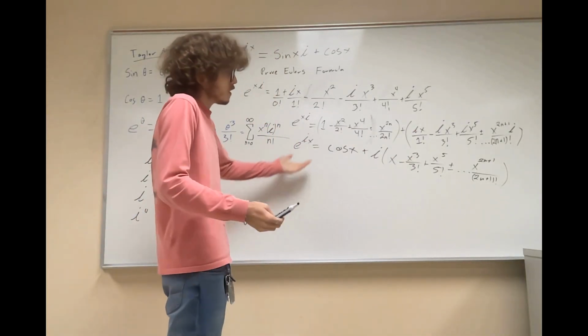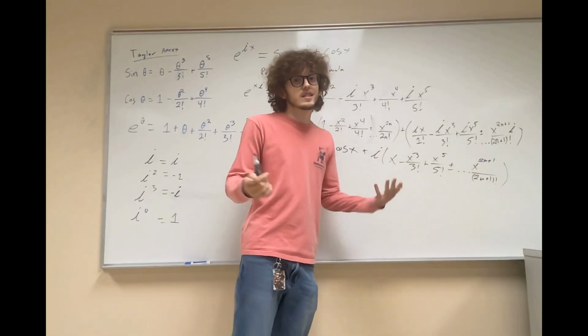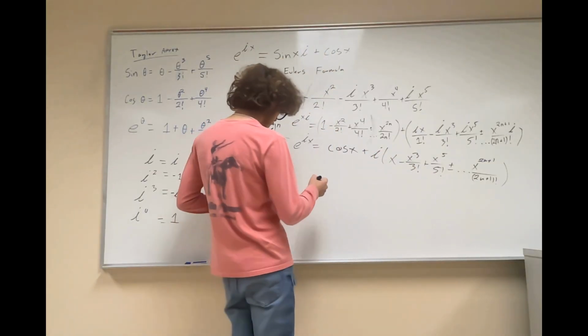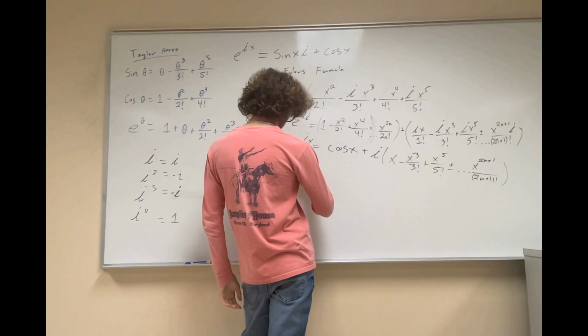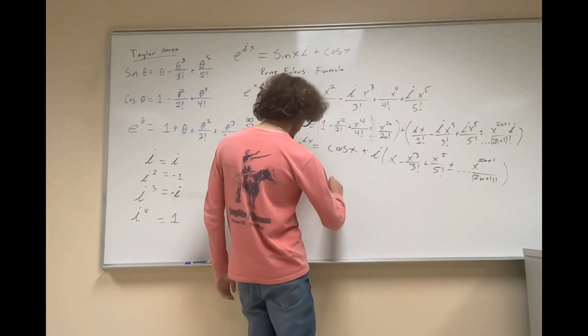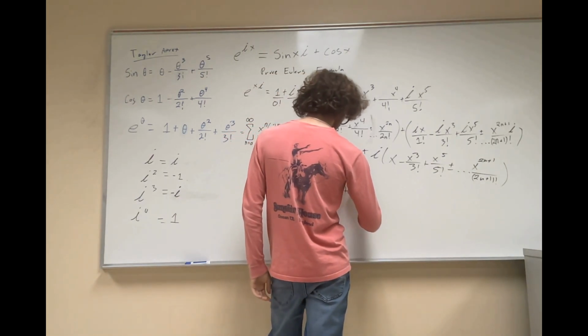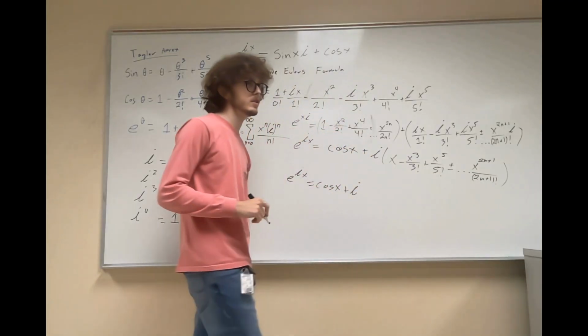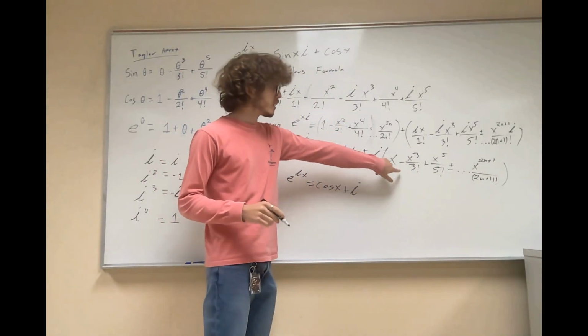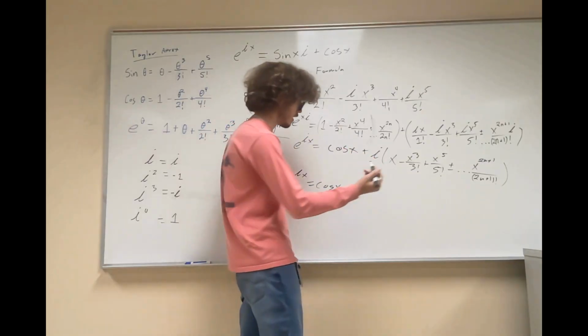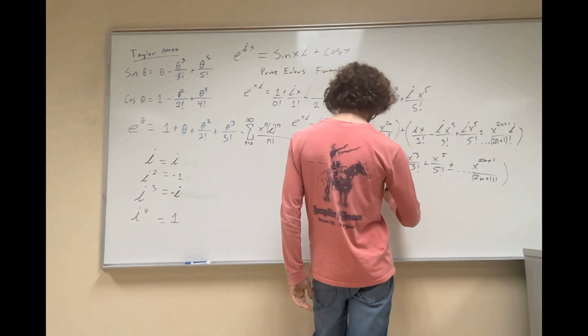So all we're going to do is call all of that junk sine. So when we look at it, e to the ix equals cosine of x plus the imaginary number i, because we factored it out, and it's a product of this times this, and we'll call this sine of x.